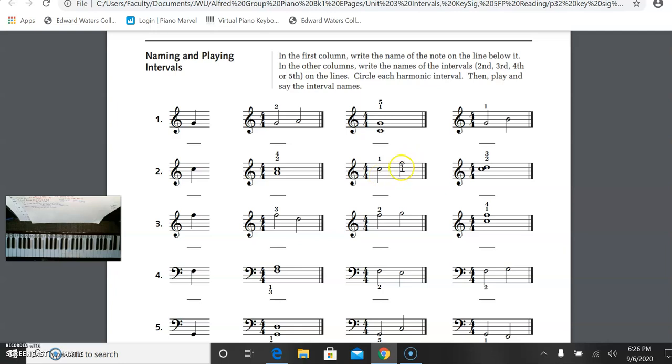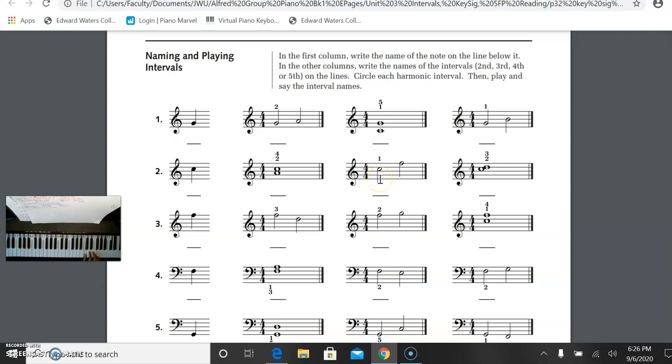Notice that it's a space to a line note, so they're not the same. That means it would be some sort of even interval. And in this case, the answer would be a fourth. And again, if you were to count up each note, fourth.